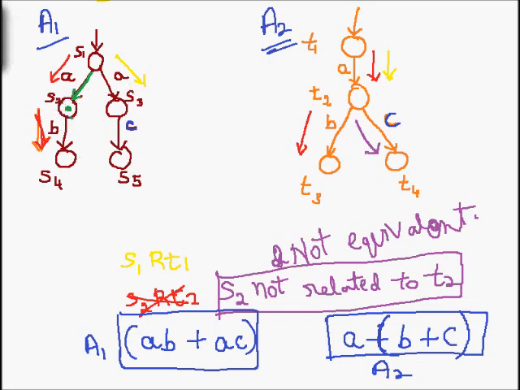But let me check in this one. Here I make an A action. Now I feel that I want to make a C action. Yes, it is possible. So I can't tell that these two exhibit the same behavior. This is the main problem.